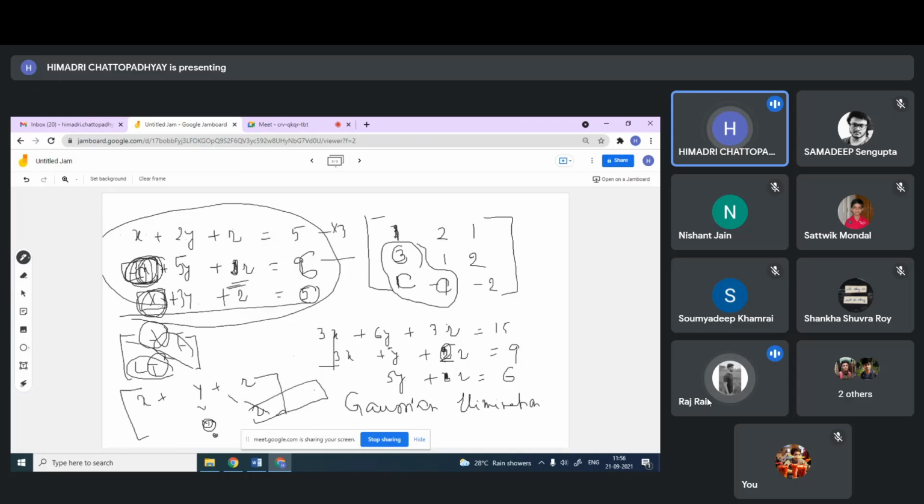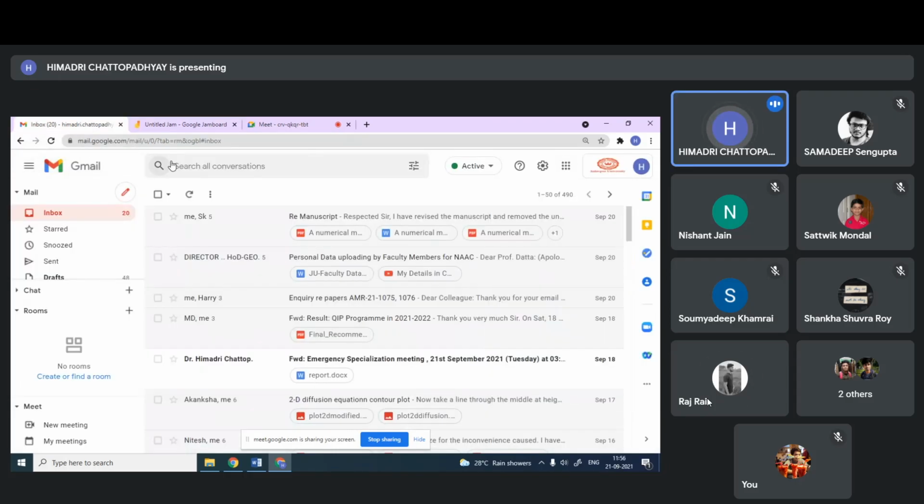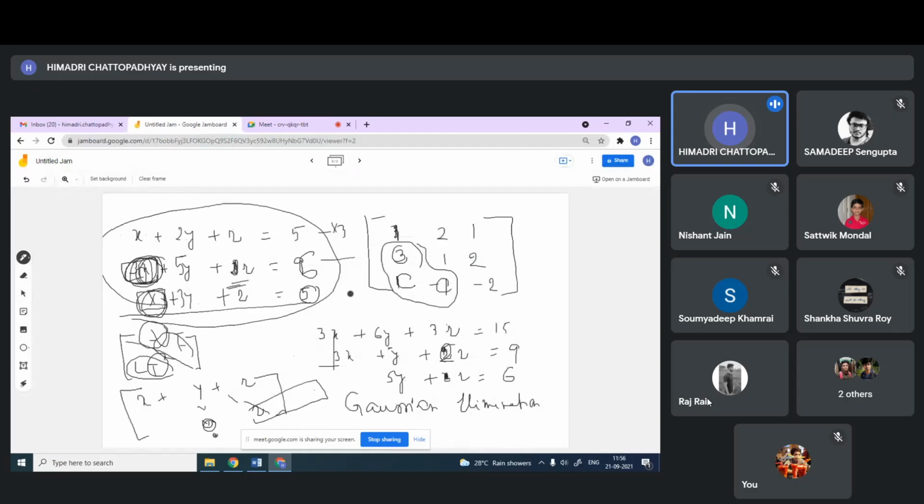Basically, in our syllabus, sir, it is Gauss-Jordan elimination, in this numerical analysis syllabus. Yes, sir. Is there a new syllabus for you? I do not see it on the website. The syllabus that we have got, in that it is written: solution of linear simultaneous equations, direct methods using Gauss-Jordan elimination, matrix inversion.